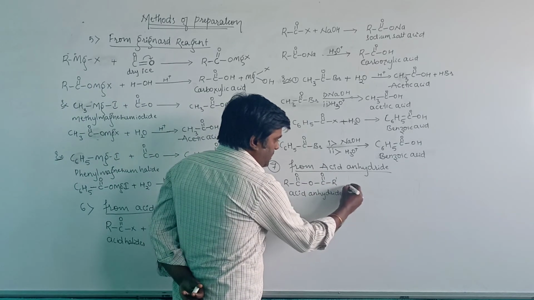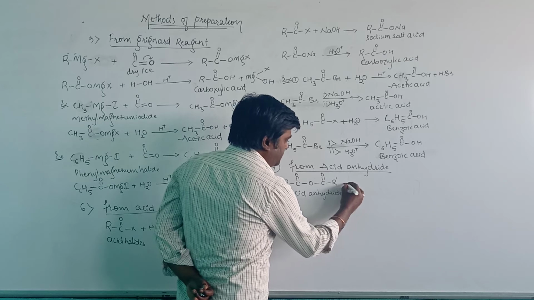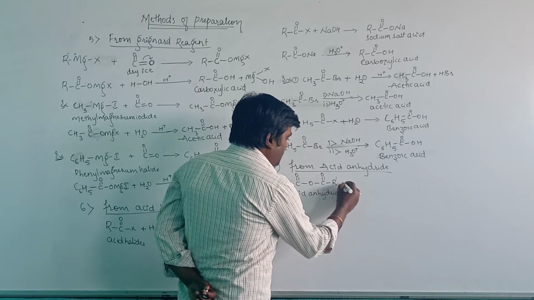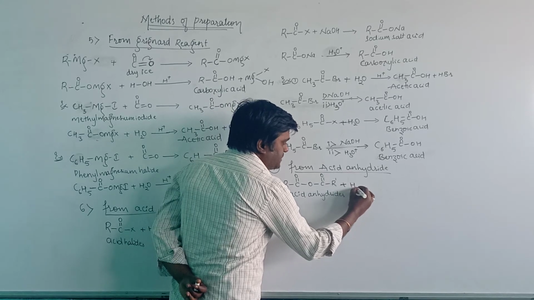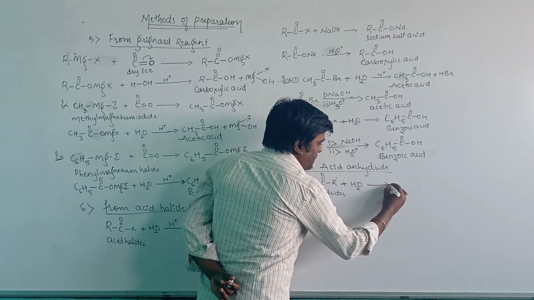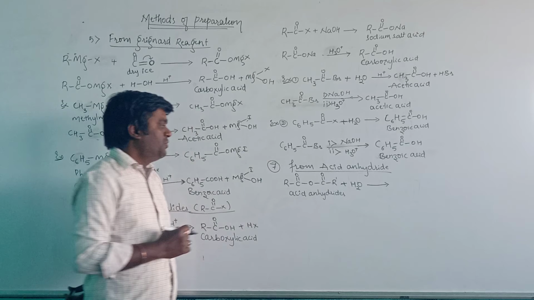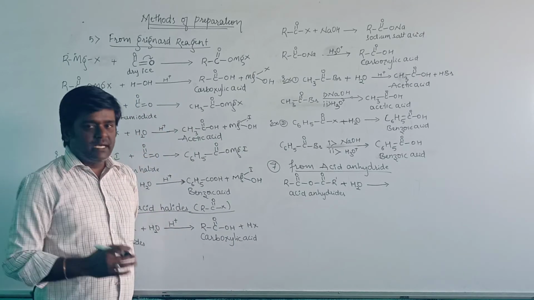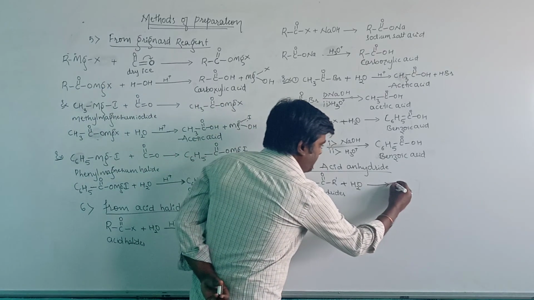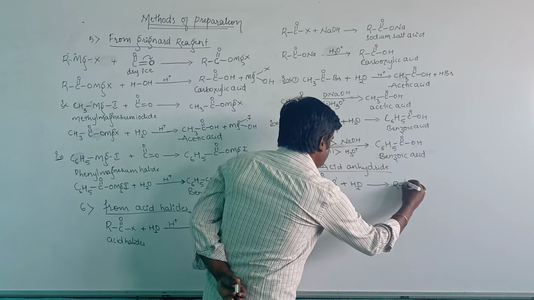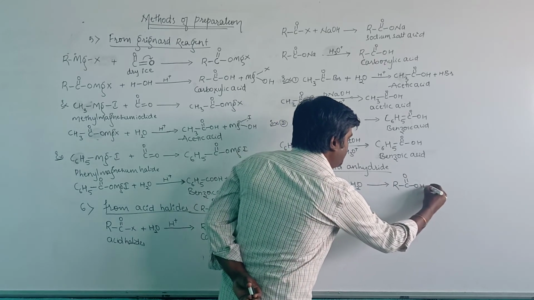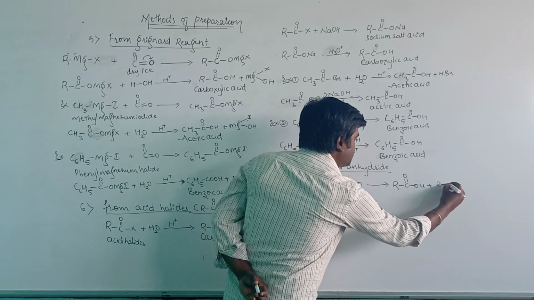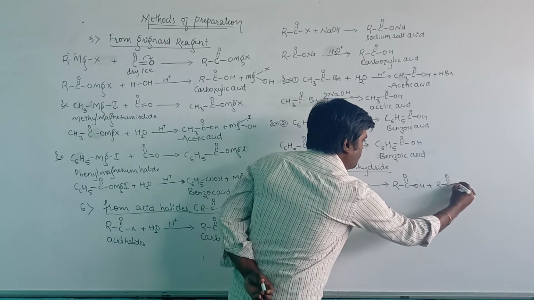When the acid anhydrides undergo hydrolysis, it will produce the compound called carboxylic acid. Okay? So here R C double bond OH plus R C double bond OH.